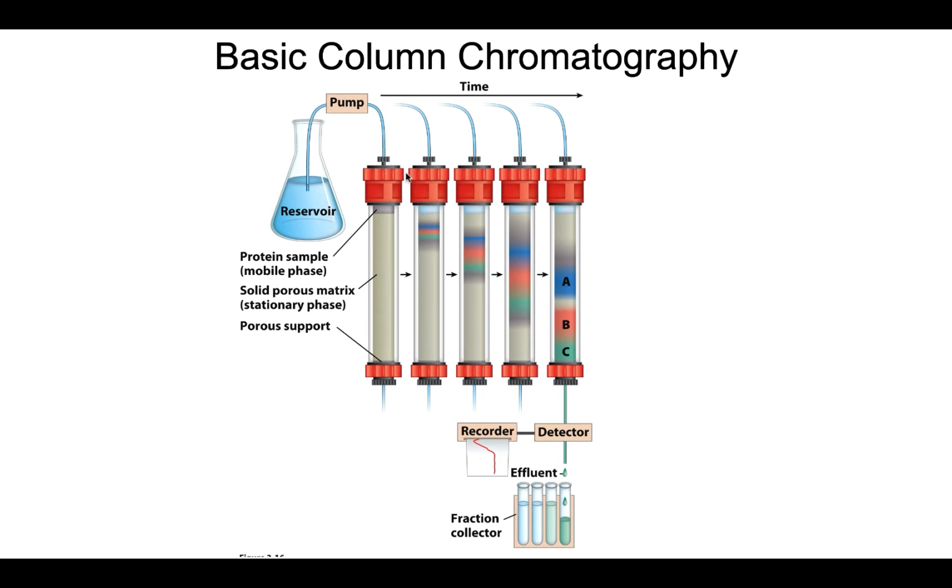And over the course of time, each one of these tubes represents a moment in time. So it's the same tube, we're just looking at snapshot 1, snapshot 2, snapshot 3, snapshot 4, snapshot 5 in time.